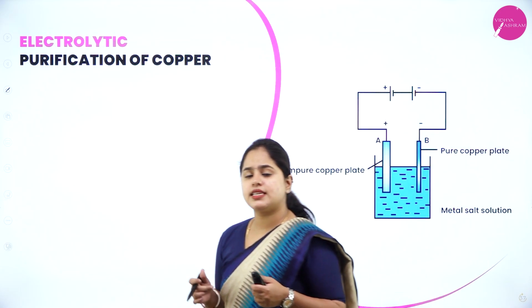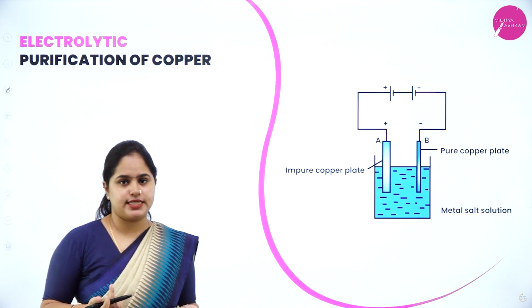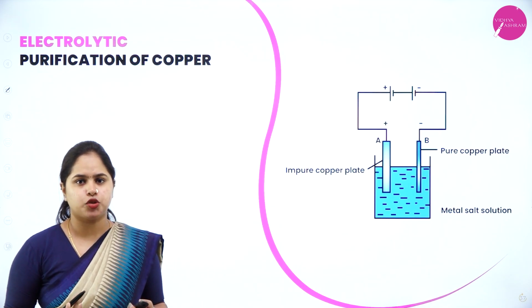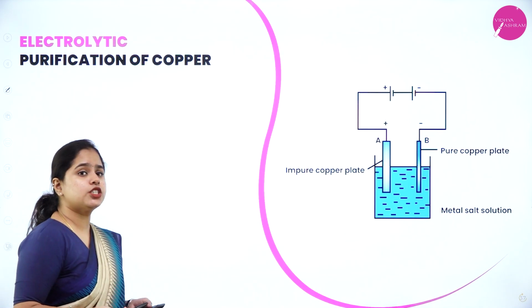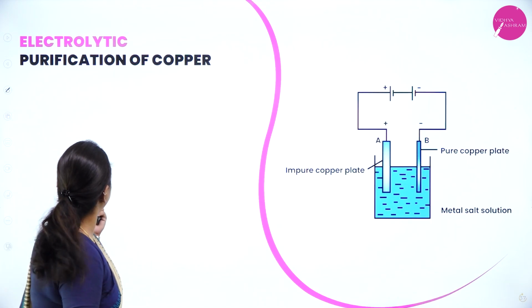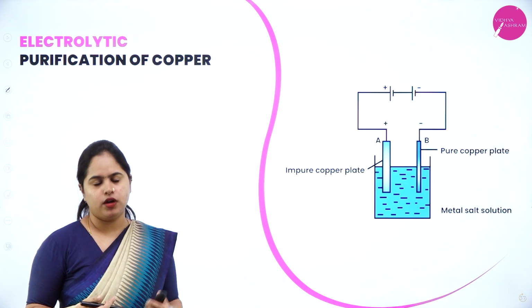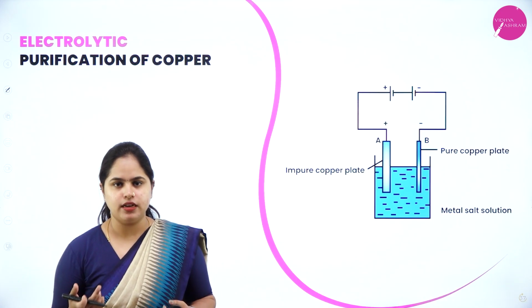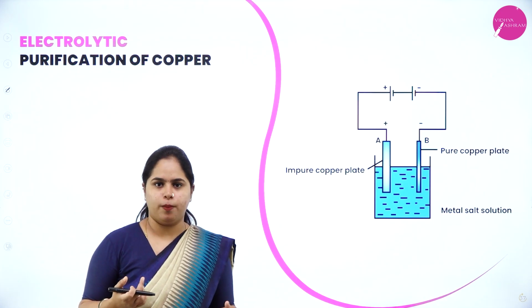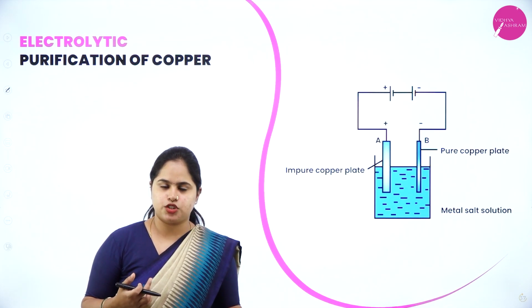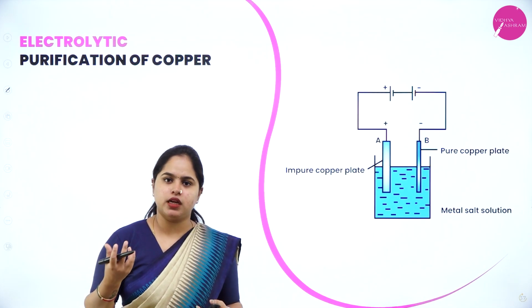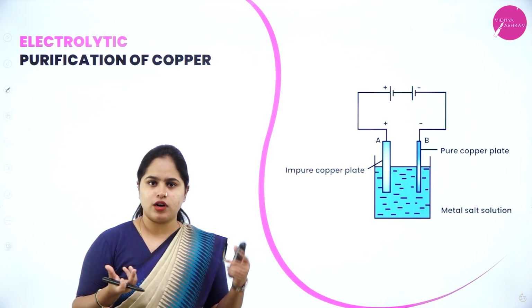So now where exactly is this electrolytic cell used? One application is the electrolytic purification of copper. So how does this work? Let's understand. We take an impure copper rod as an electrode, and from that we have to obtain pure copper. That is what is called purification.